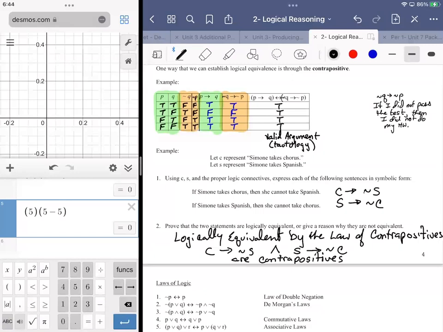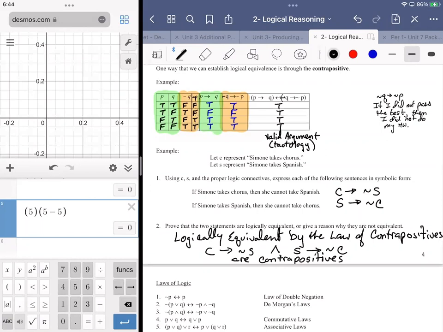The fact that you switch one and negate it and you get the other means that they're contrapositive. And we just established through a truth table that they're logically equivalent, creating a valid argument, which means they're logically equivalent in all cases.